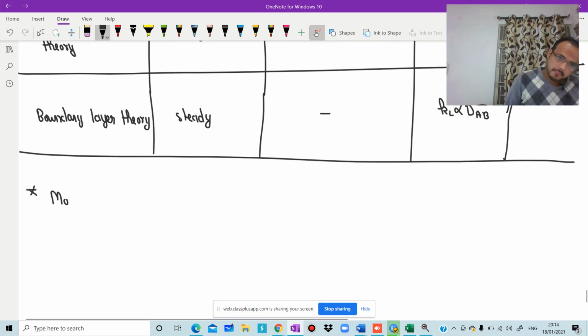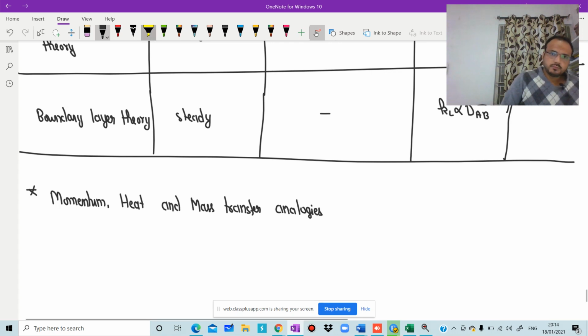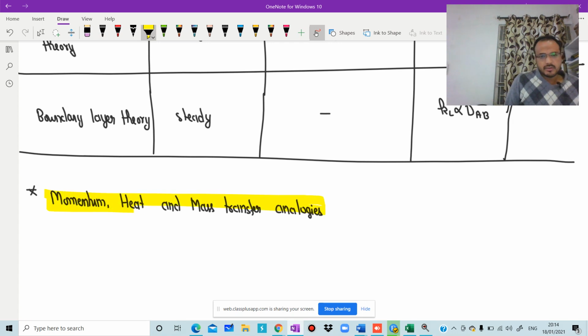Next, momentum, heat and mass transfer analogies.